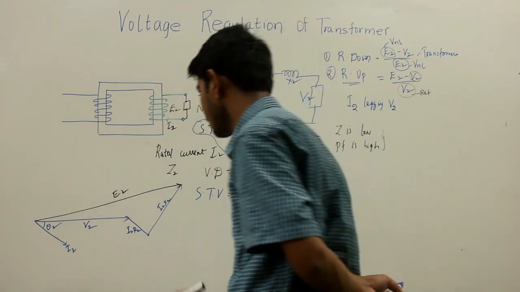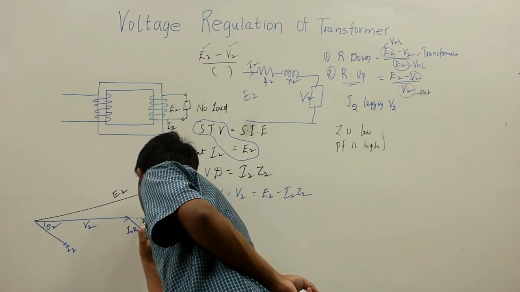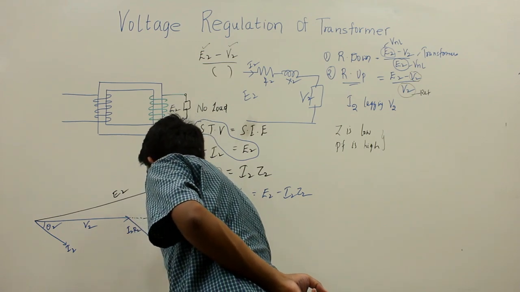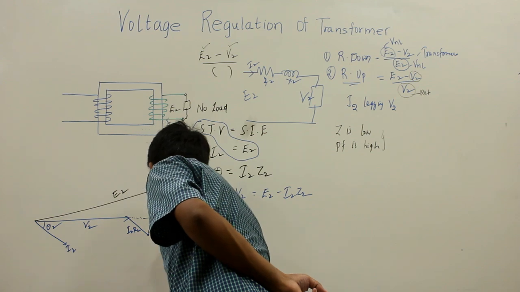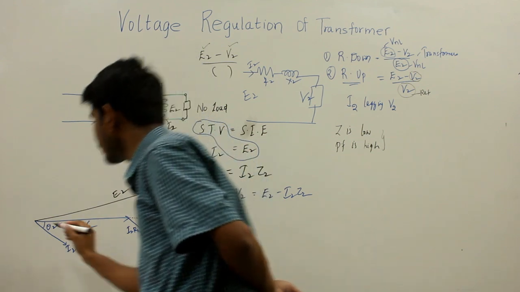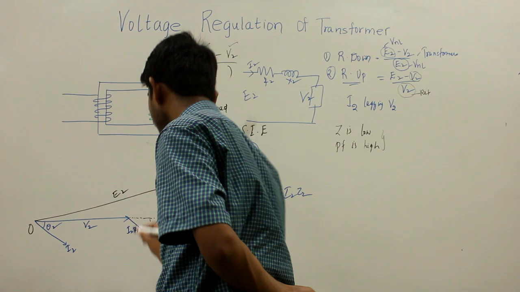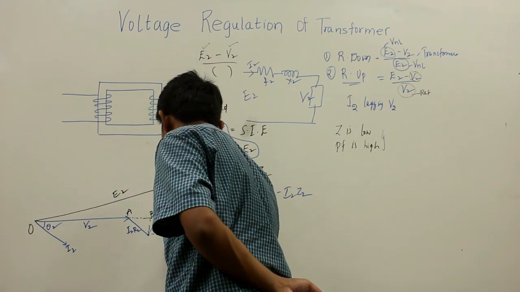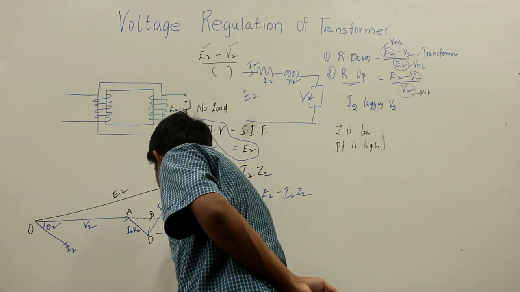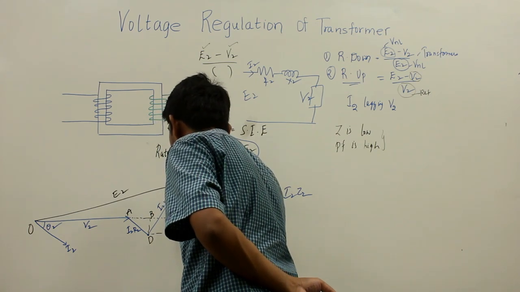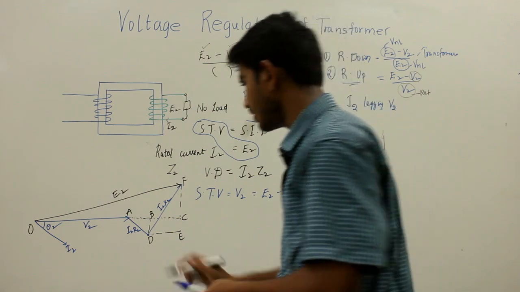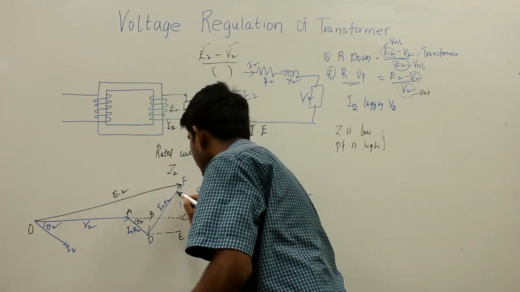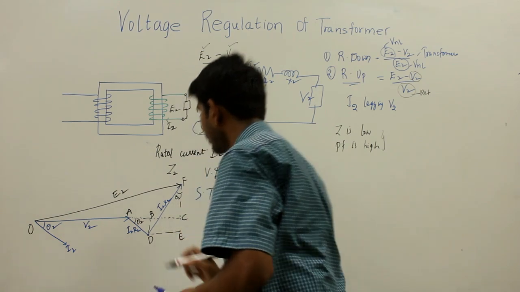So now let us perform some mathematical calculations. Let me extrapolate this to here, and let us indicate this is my point O, this is point A, this is B and this is C, and this is D, this is E and this is F. This will be the same angle theta 2, and here again we have an angle theta 2.